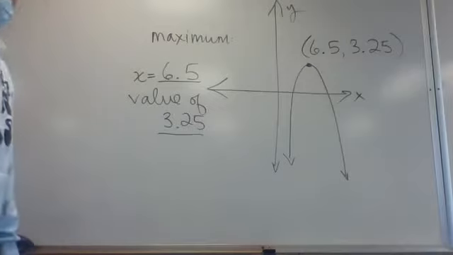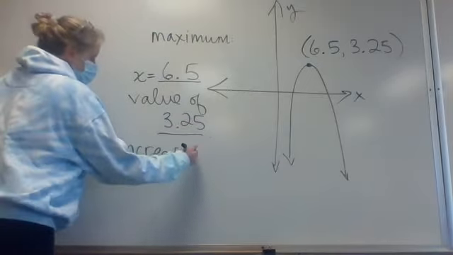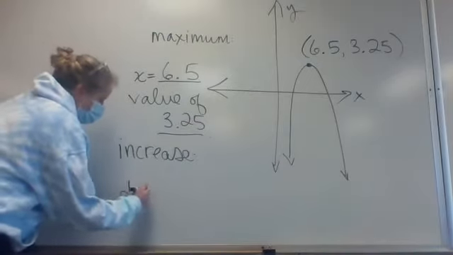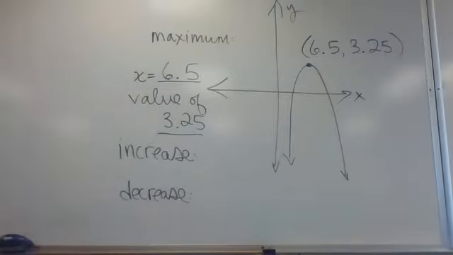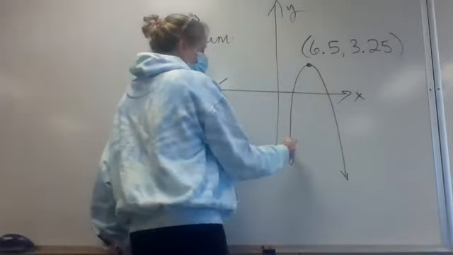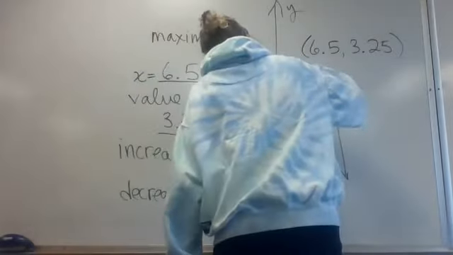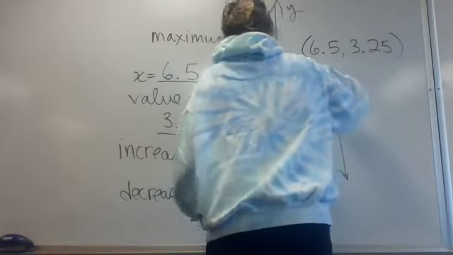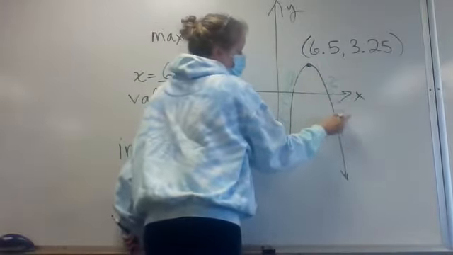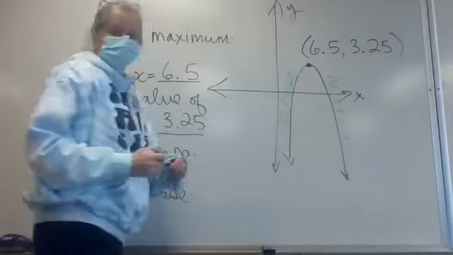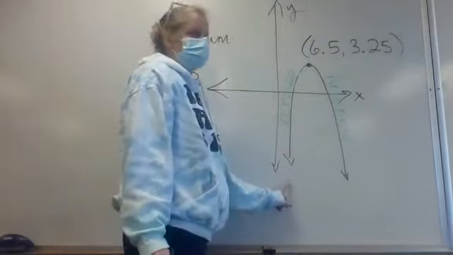The last thing it's going to ask you is, on what intervals is it increasing and what intervals is it decreasing? Okay, so we did a lot of this on Wednesday. If your values are going up, which is this side right here, that's your increase. Once it gets to the maximum, what do your values start doing over here? Decrease. They start to decrease. Okay, so what interval is it increasing? Where does it start increasing?